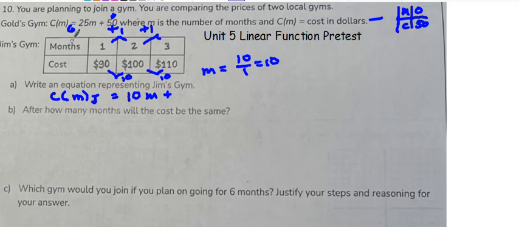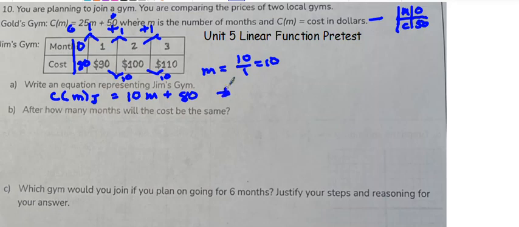What would it have been for Jim's Gym? Well, if it's constant, if I go down a month, going from 1 to 0, and I'm going from 100 to 90, another $10 down would have been 80. So at the very beginning, I would have paid 80 bucks. That would have been my fee.